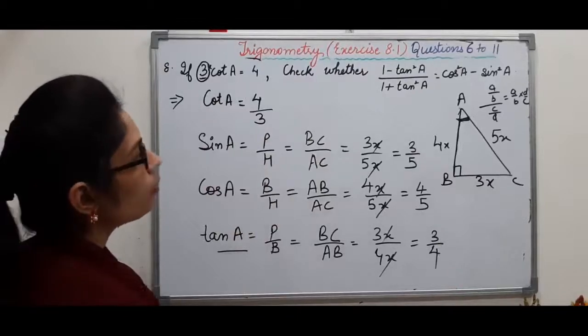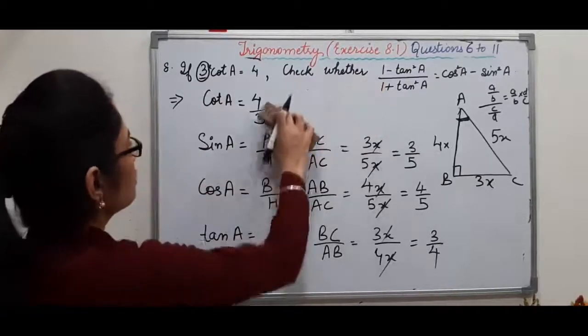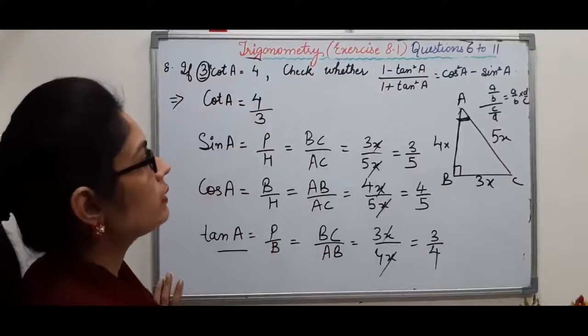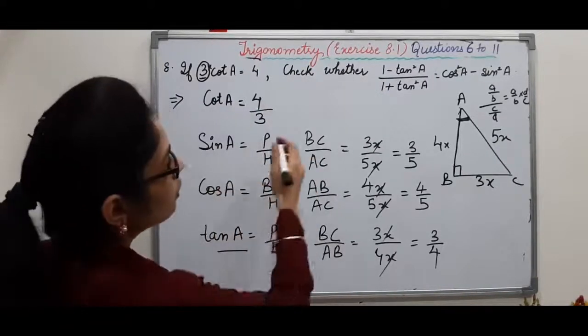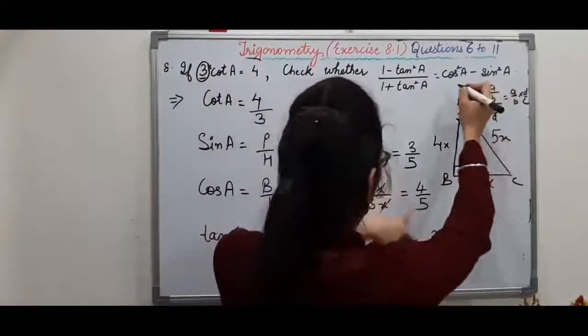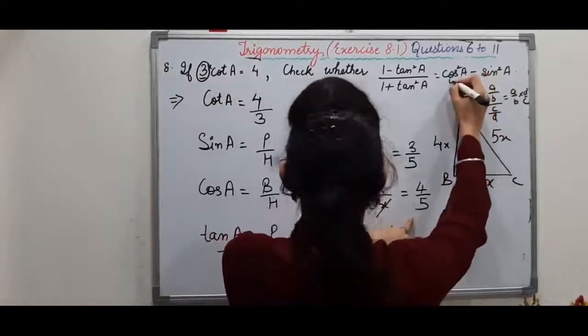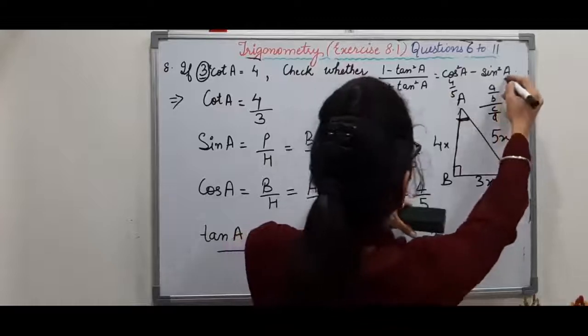Now we'll substitute all the values. First we'll see what is the value of 1 minus tan square A over 1 plus tan square A. So here I will write the values. Cos A is 4 by 5, sin A is 3 by 5.